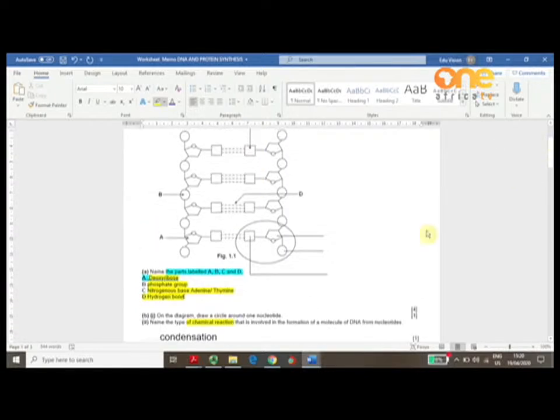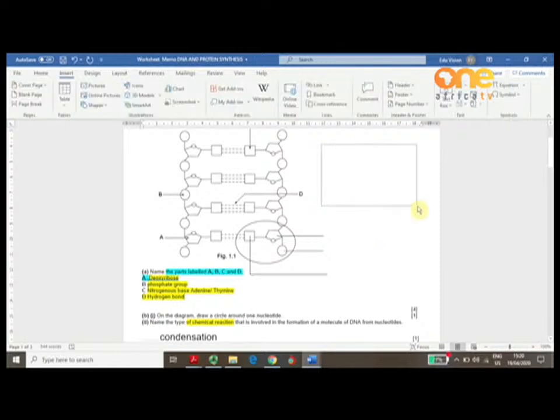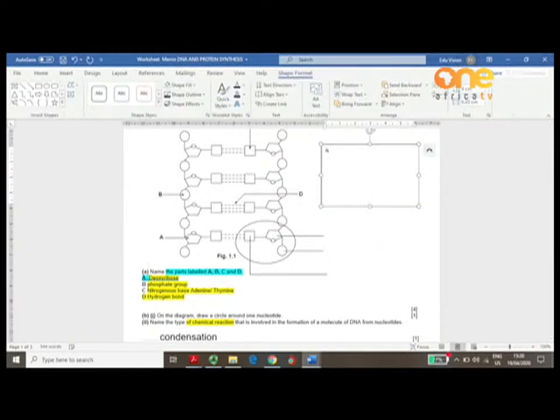We can remember that adenine and guanine are the purines, so they were the larger ones. That is something that we cannot see on this diagram.